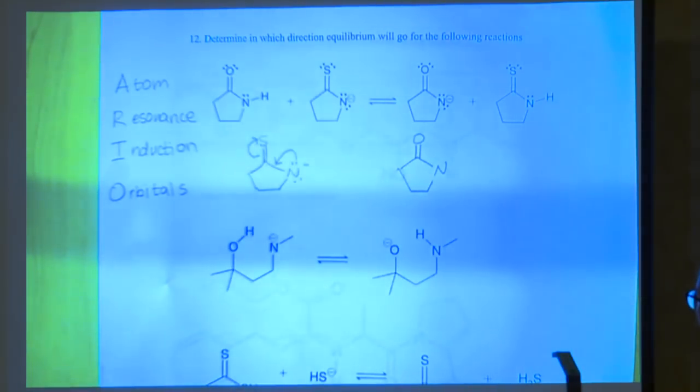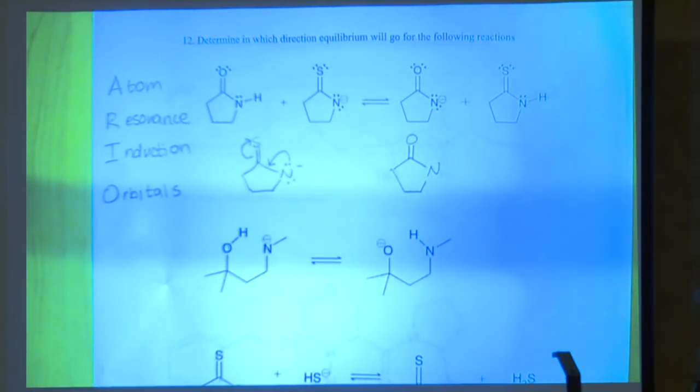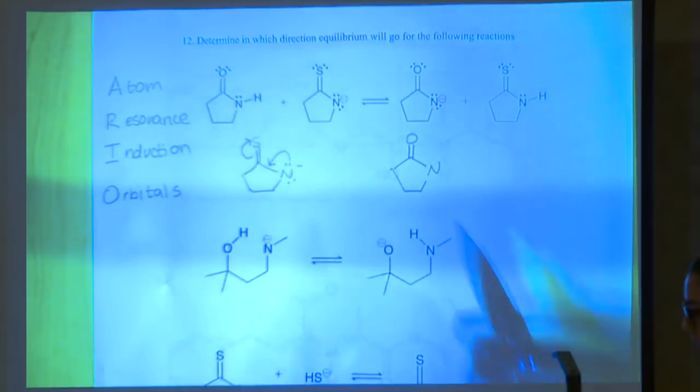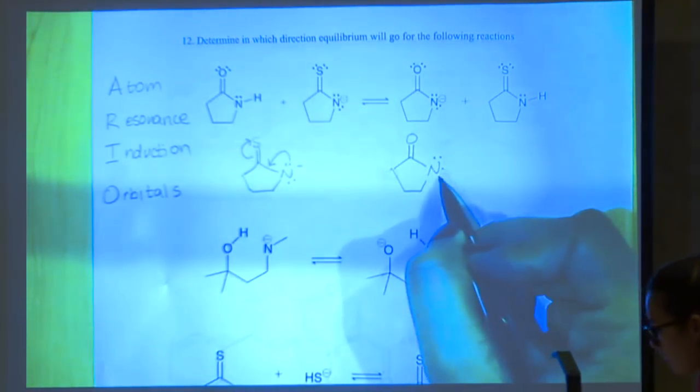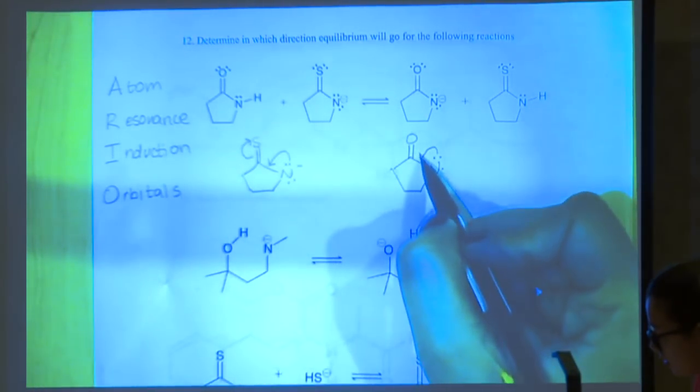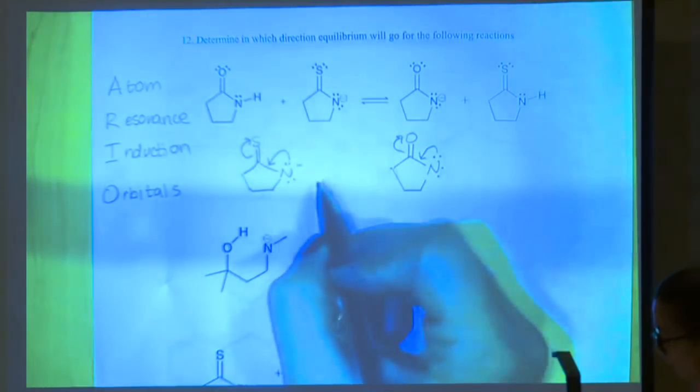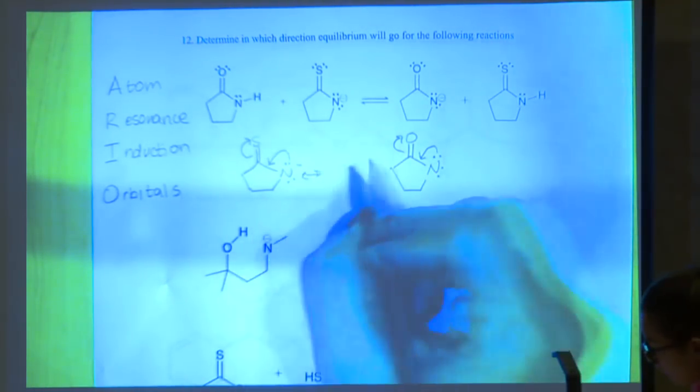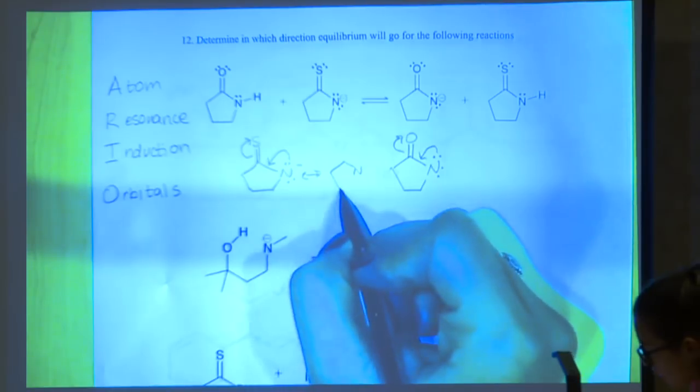Okay? Make sense? And then how about this one? Good. Same thing. So now this one has this resonance structure.